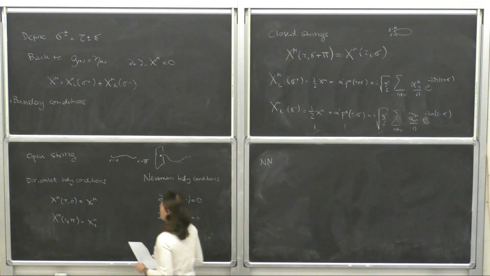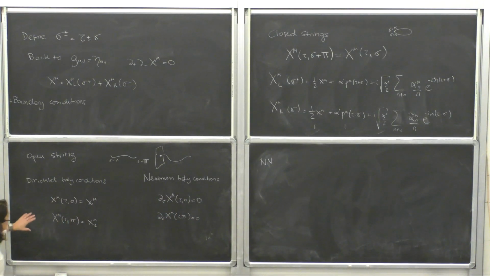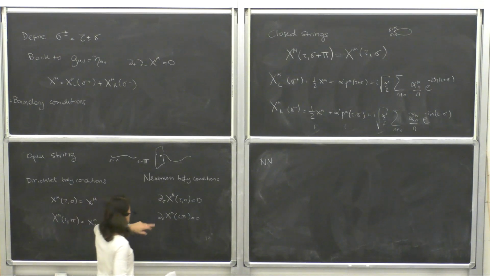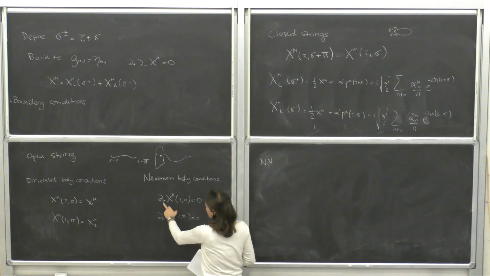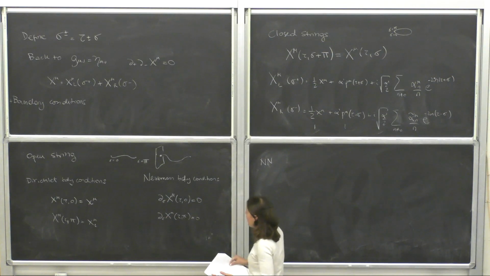One thing that is very important is that these boundary conditions mix sigma plus and sigma minus. If you write this in terms of sigma plus and sigma minus, the derivative with respect to sigma is a derivative with respect to sigma plus minus a derivative with respect to sigma minus.